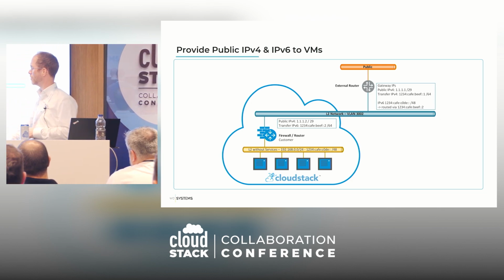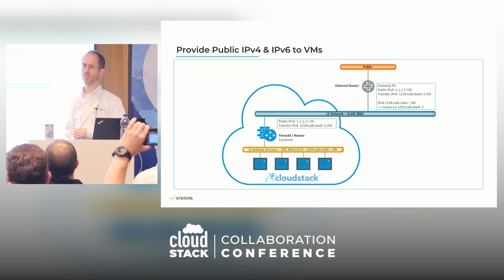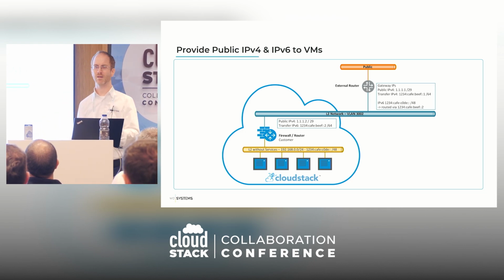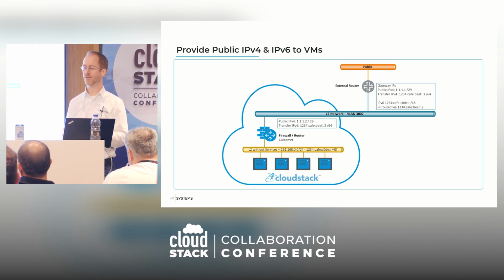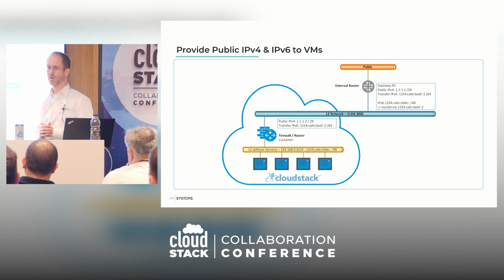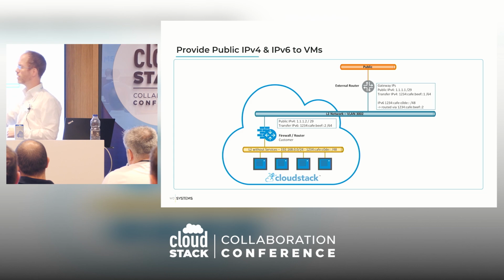So what we do for IPv4 at the moment, we provide the customer with a /20, or at least with a /29. That's the smallest unit we can give to configure all the required IPs. So we give the customer a /29, and we configure the gateway IP on our external router.